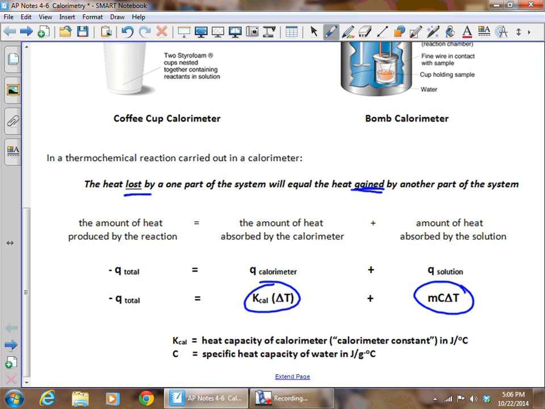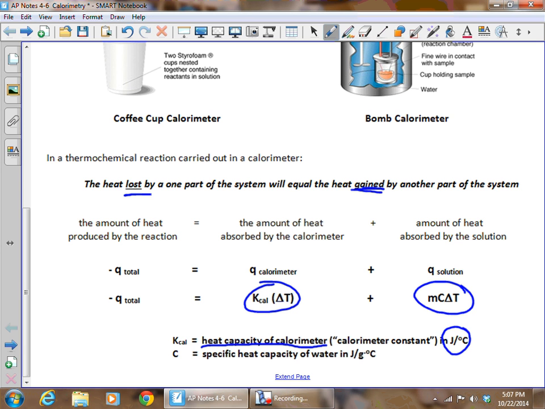Now, a lot of problems will just tell you to ignore the calorimeter, or they won't even mention it. If so, then we're just dealing with Q total equals the Q of the solution. But when they do want us to include the calorimeter, this is the equation that we will use. K sub cal is the heat capacity of the calorimeter, and that's going to be in joules per degree Celsius for that whole container.